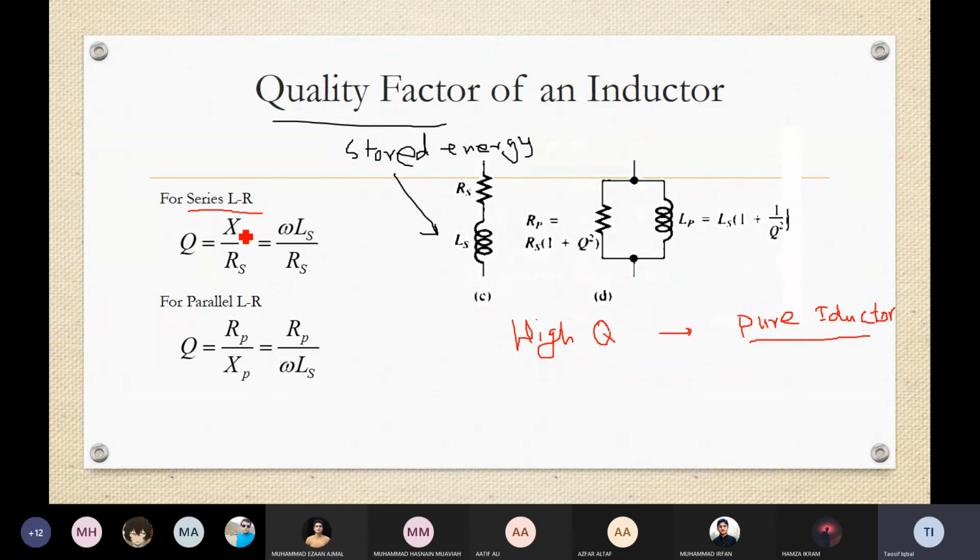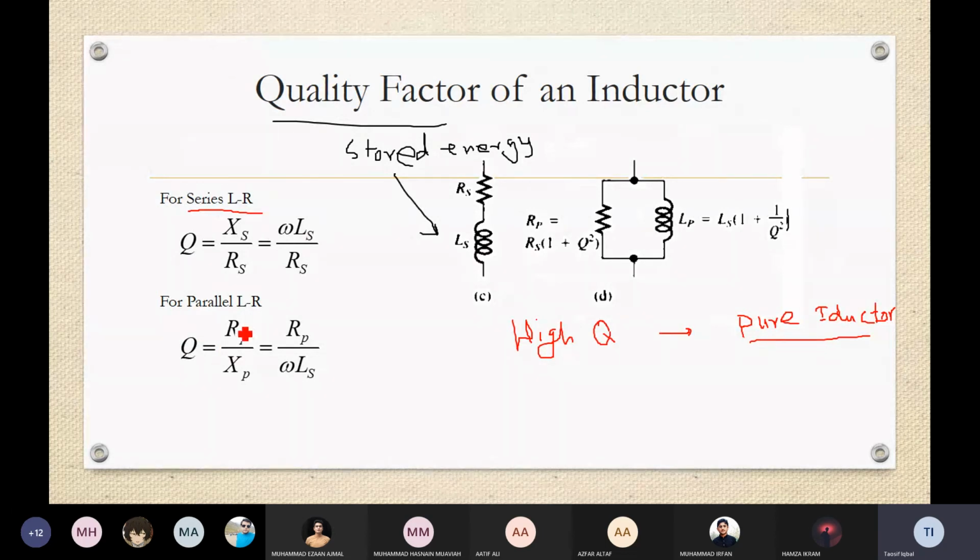We need X S, that is omega LS divided by RS. In case of parallel combination, we will be using RP divided by XP. So you can see that this relationship is opposite to the dissipation factor.